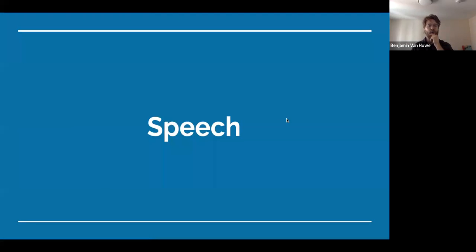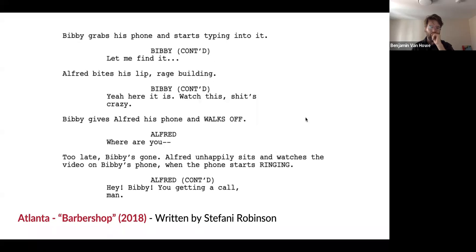So moving on to speech. If we look at this example from Atlanta, we have some examples of ellipses or dashes. You can use these throughout your speech just to show emotion, who's talking over each other, if they're trailing off.